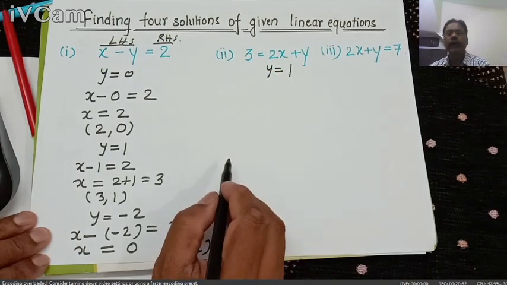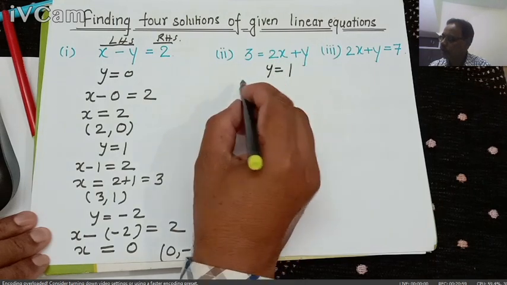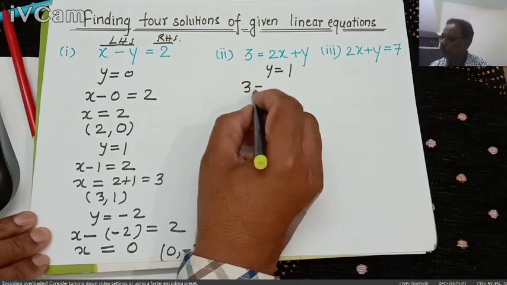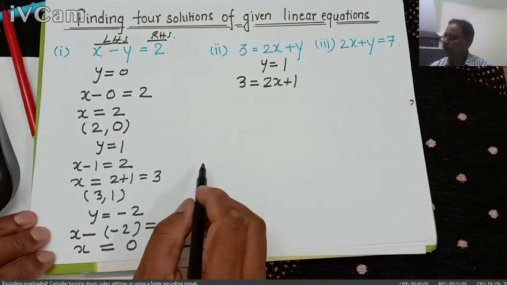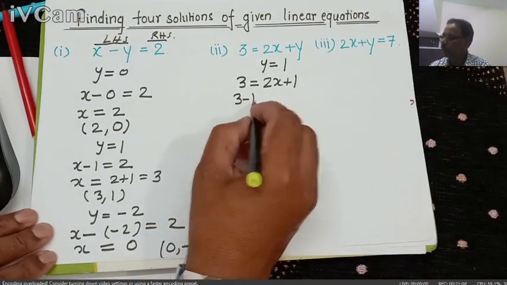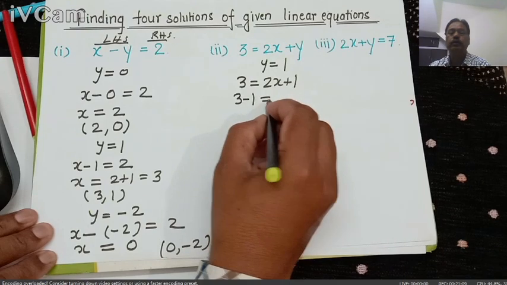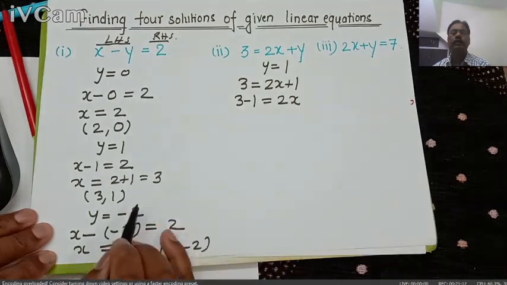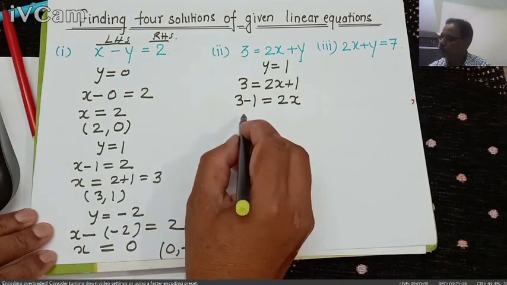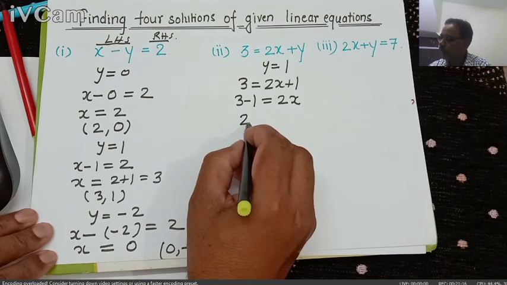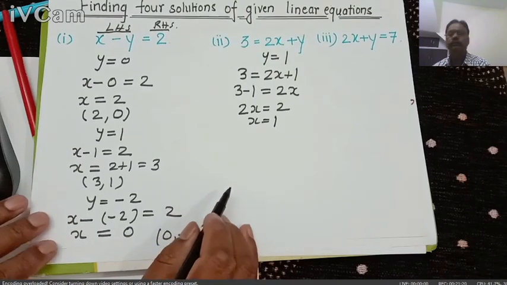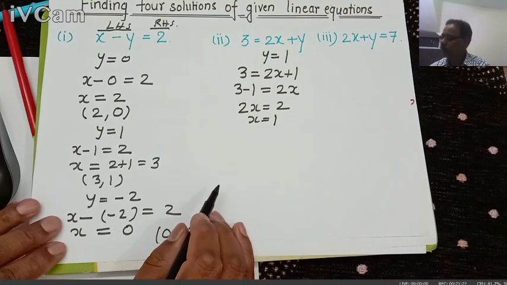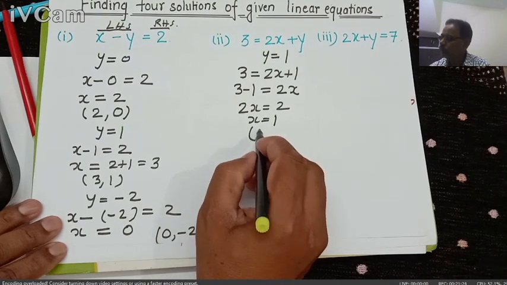I am putting y equal to 1 in this equation. So let us put 3 equal to 2x plus 1. So 3 minus 1 will be equal to 2x, isn't it? So we can write 2x equal to 2, so x equal to 1. So I have got the first solution as 1, 1.